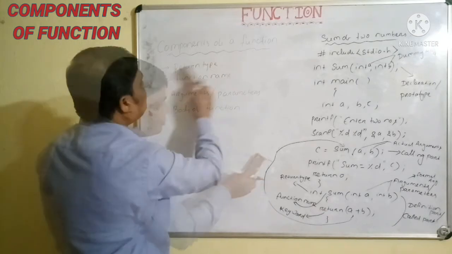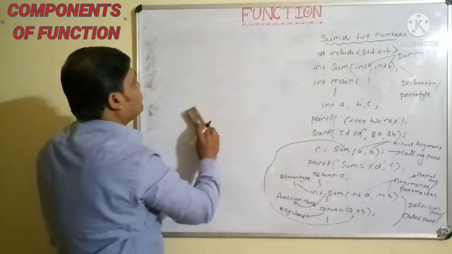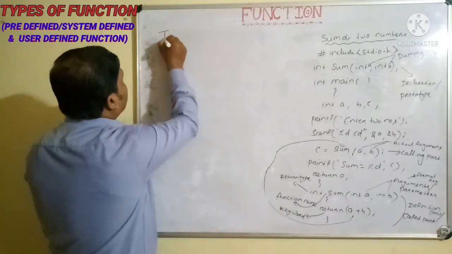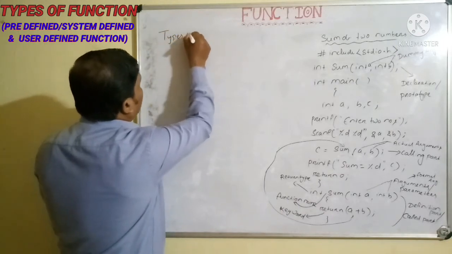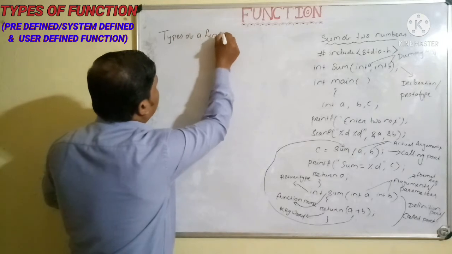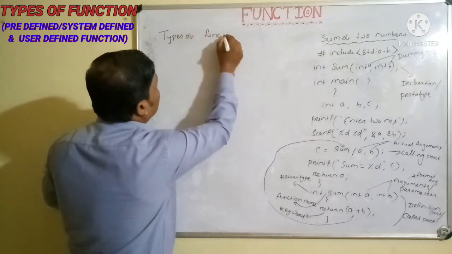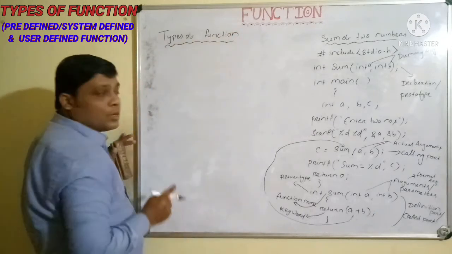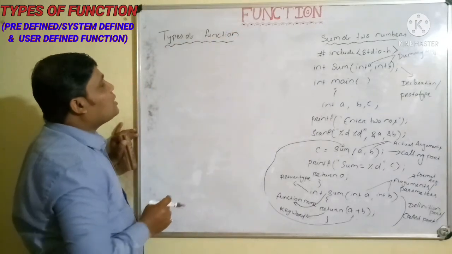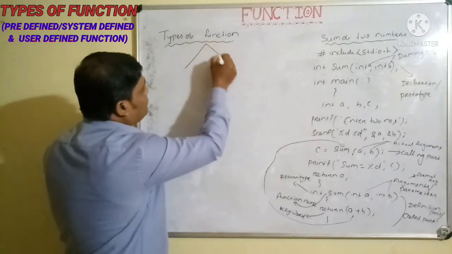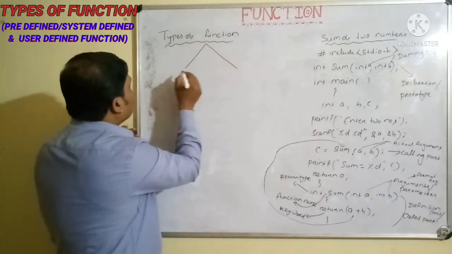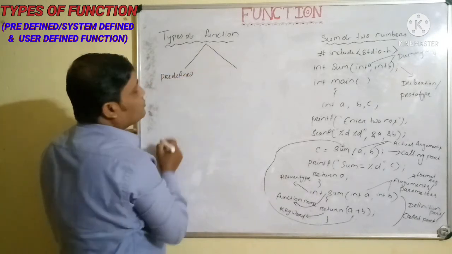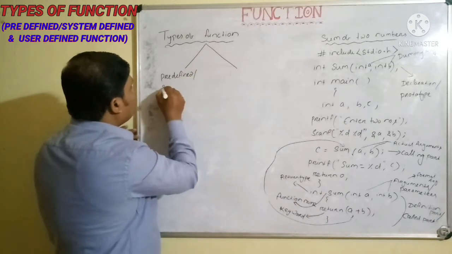Now see, next we'll discuss the types of function. Types of a function. Function is generally of two types. One is predefined or system defined.